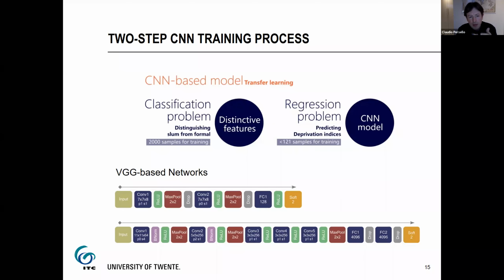With about 2,000 samples, we could actually train properly a convolutional neural network to classify and distinguish formal and informal settlements. And then we use the features learned by the model as good variables for predicting the socioeconomic index. These features are, as we will see later on, a good proxy for predicting the socioeconomic variability. And we use two different convolutional networks based on the popular VGG network.